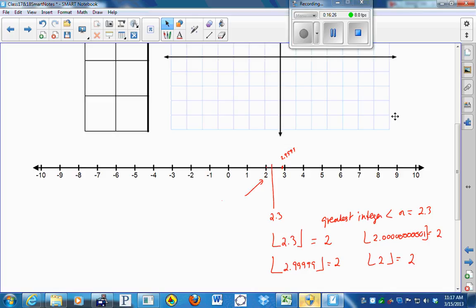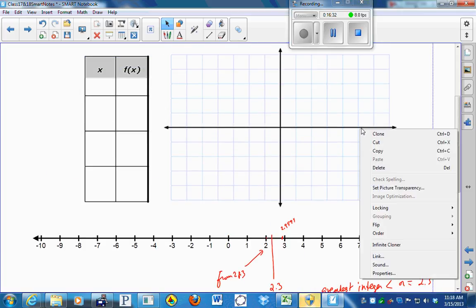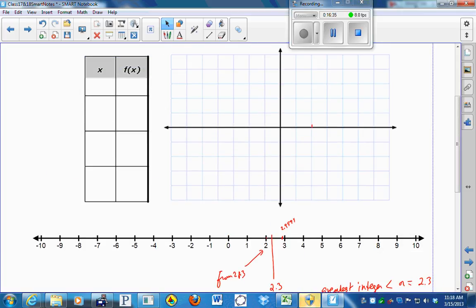All right. So suppose we wanted to graph the greatest integer on this domain right here from 2 to 3. So I go up here and I say, okay, 2 to 3. Here's 2 and here's 3. If I go into my greatest integer function as the number 2, I come out being 2.